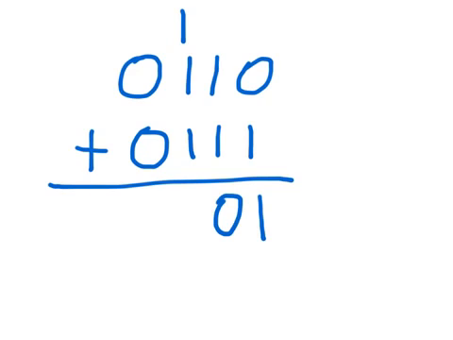When we have three 1s in a column, what we're basically saying is 1 plus 1 plus 1 is 3. How do you write 3? You write it like this. You carry a 1 and drop down a 1, which is the same thing as writing 3. That's what I want you to understand as a precursor to how to do subtraction.